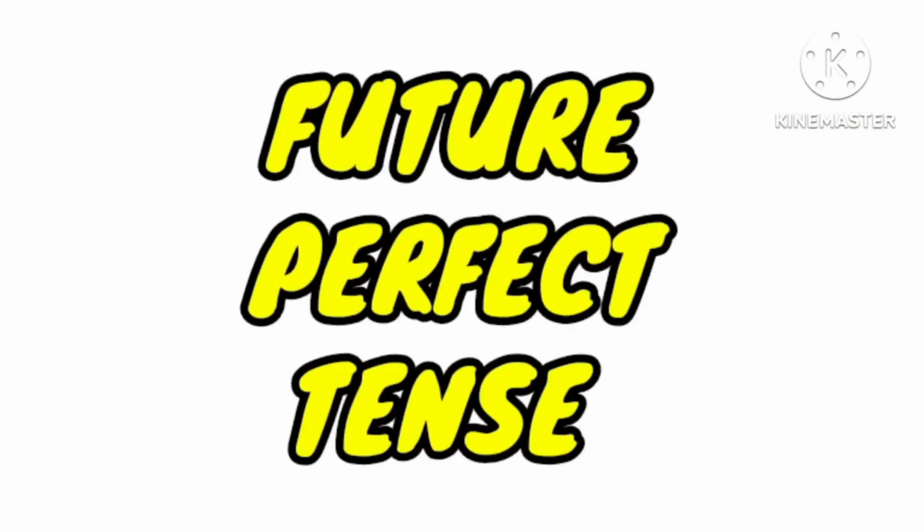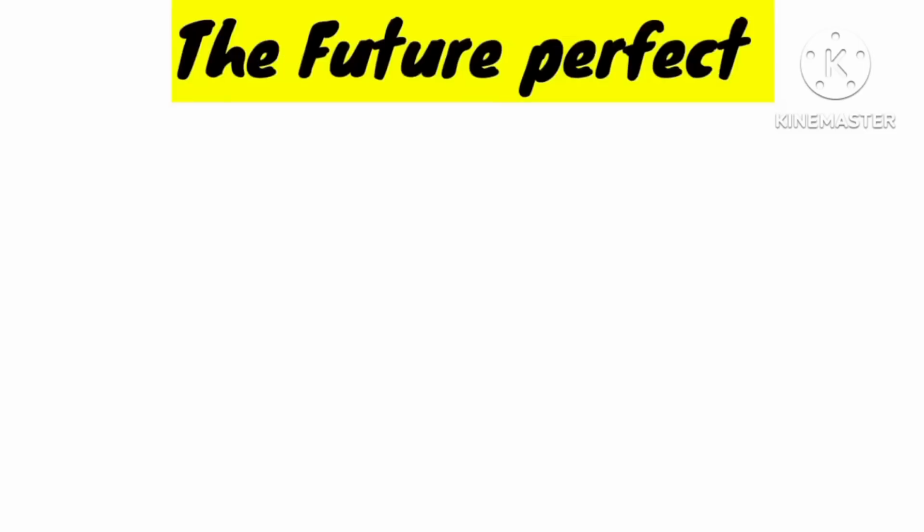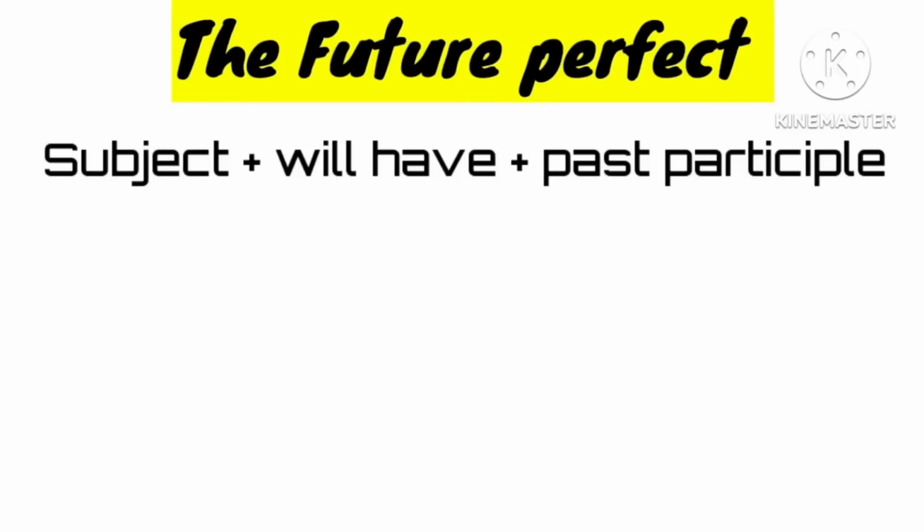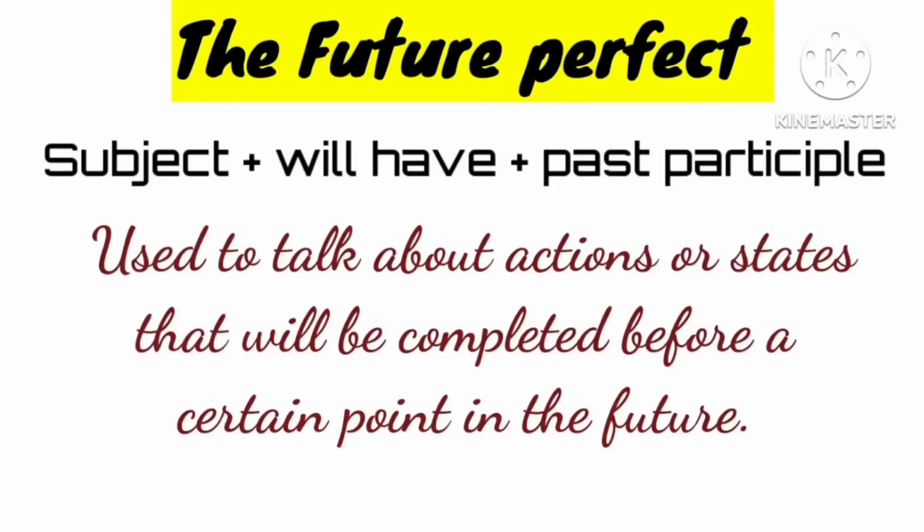Next, coming to future perfect tense. The structure of future perfect tense is subject plus will have plus past participle. Future perfect tense is used to talk about actions or states that will be completed before a certain point of time in the future.